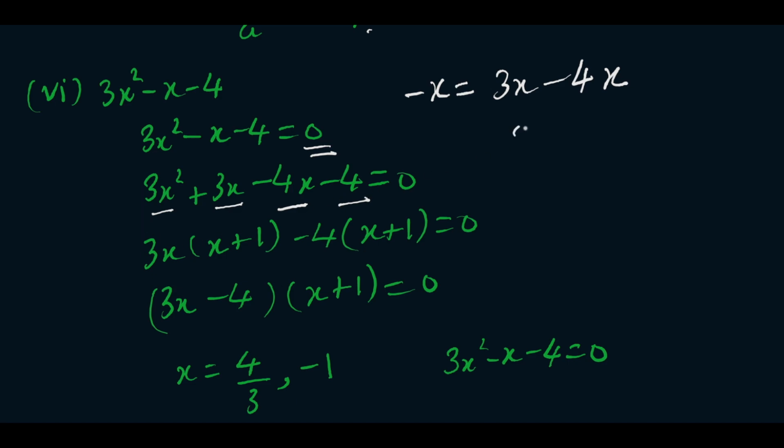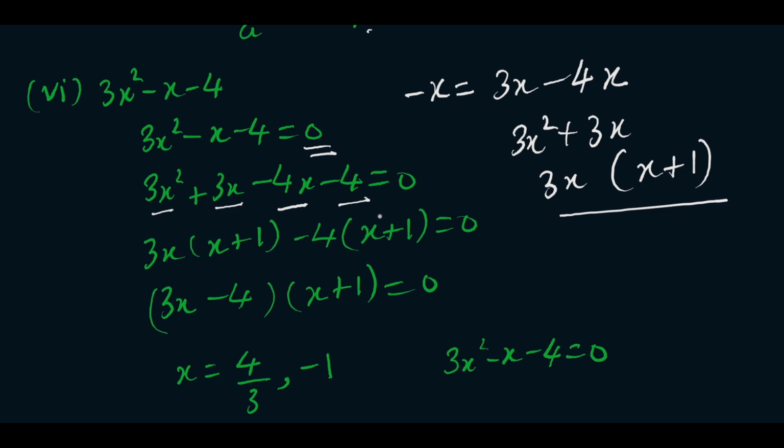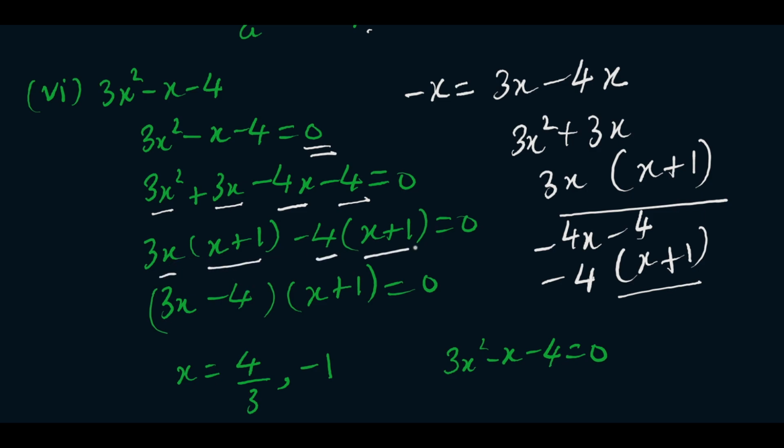For the first two terms, that is 3x square plus 3x, we take 3x outside and the remaining is x plus 1. For the second part, minus 4x minus 4, we take minus 4 outside and the remaining is x plus 1. So we get 3x times x plus 1 minus 4 times x plus 1. Now we can take x plus 1 outside, so the remaining is 3x minus 4 and x plus 1.